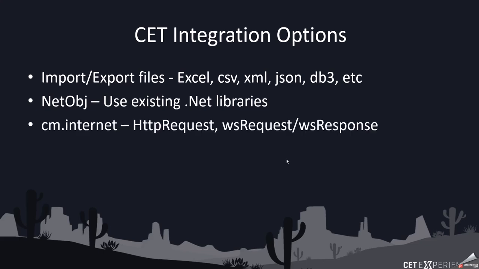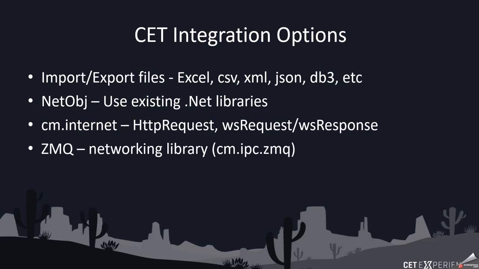You can use cm.internet and do web requests or HTTP requests. And then there's ZMQ, which is what we're going to talk about today, which is an API networking library that can be used to connect to other applications.